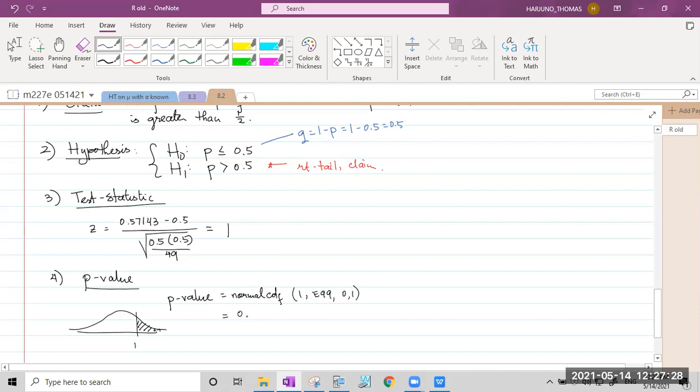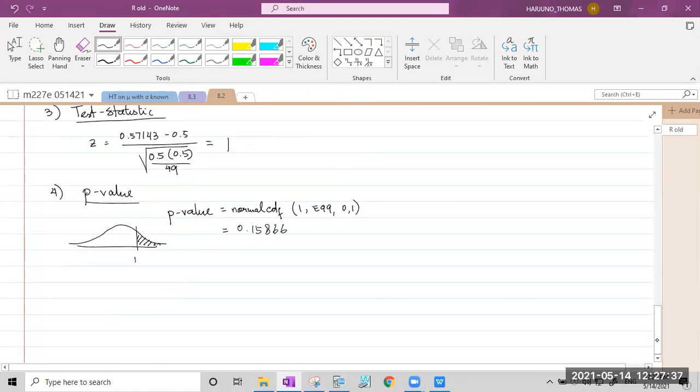I get 0.15866, definitely greater than 0.05, which is the alpha.